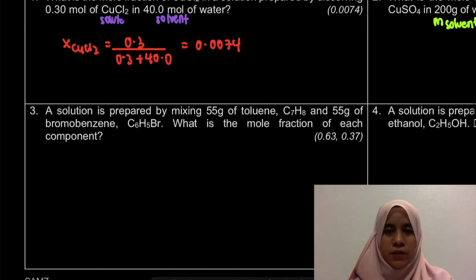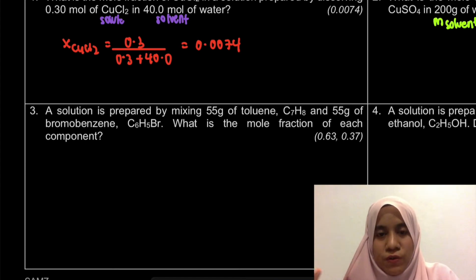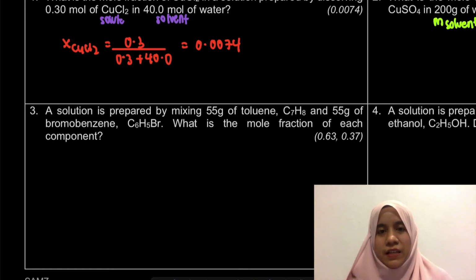So for question 3, so let's look at question 3. A solution is prepared by mixing 55 gram of toluene and 55 gram of bromobenzene. And what is the mole fraction of each compound? Okay, so maknanya dalam kes ni kita tak tahu mana satu solvent, but we know in the solution it only consists of these two.